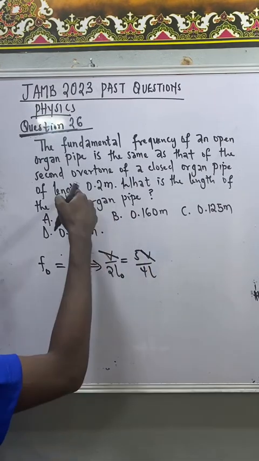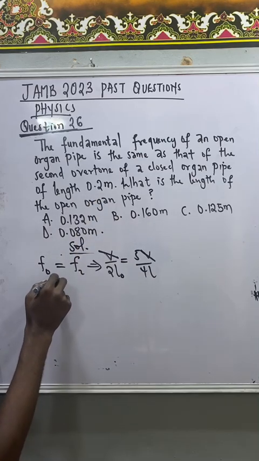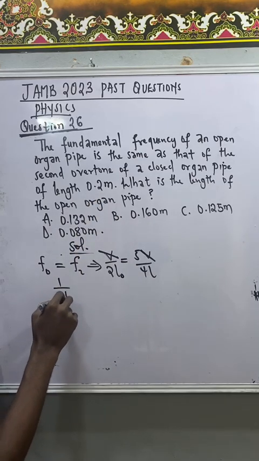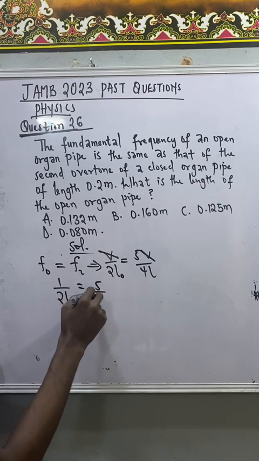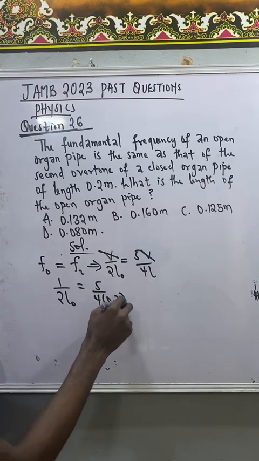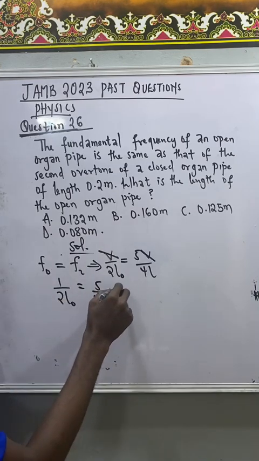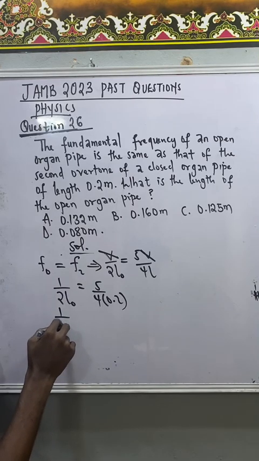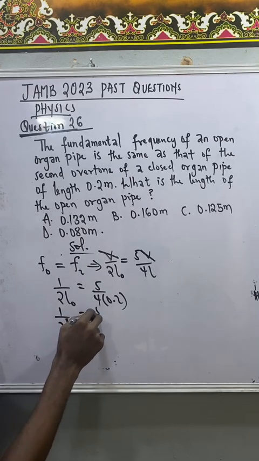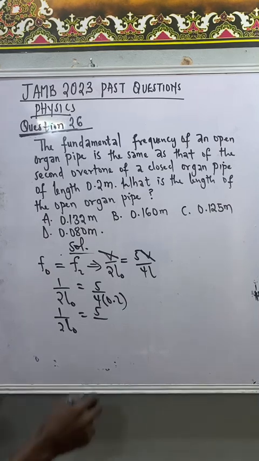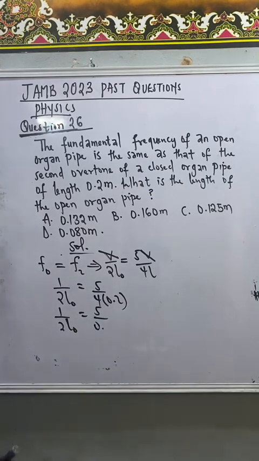They gave me L from here as 0.2. So I will have 1 over 2L0 equal to 5 over 4 times 0.2. 4 times 0.2 gives me 0.8.